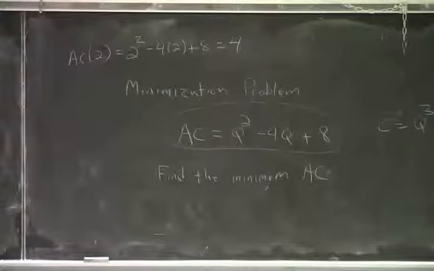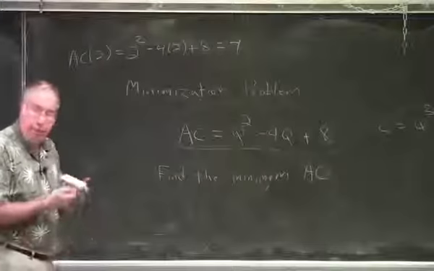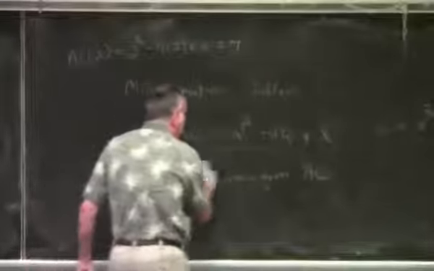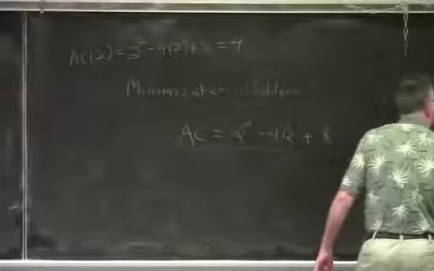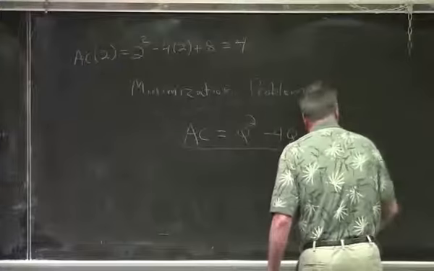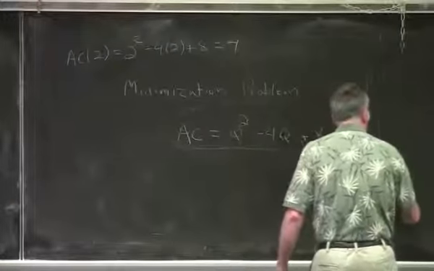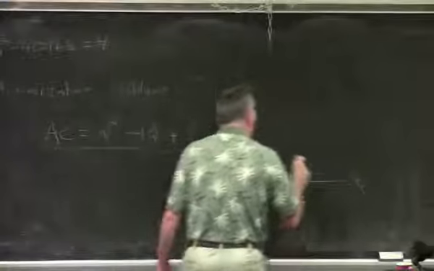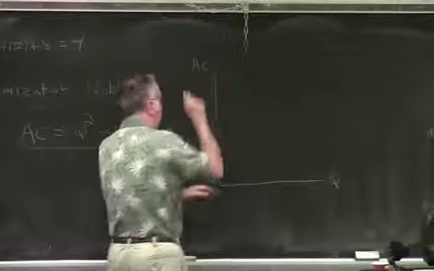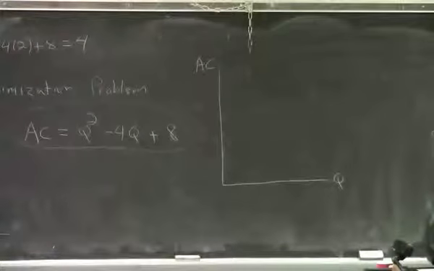So if we sketch this average cost curve, it looks like this. Let's measure output on the horizontal axis and average cost on the vertical axis. The vertical intercept of this function is what? 8.